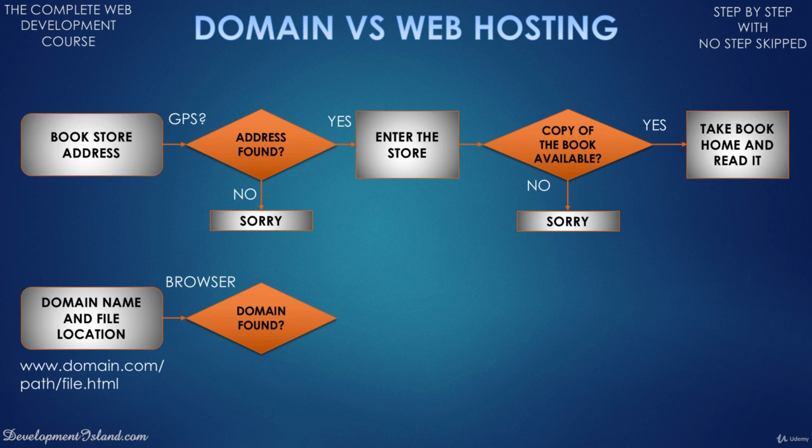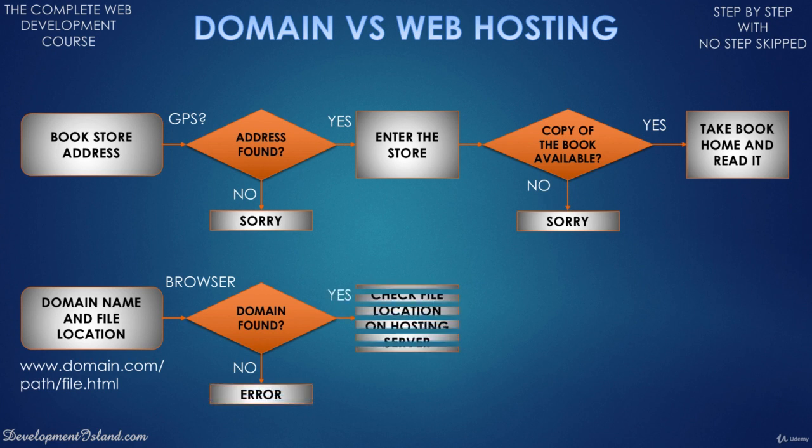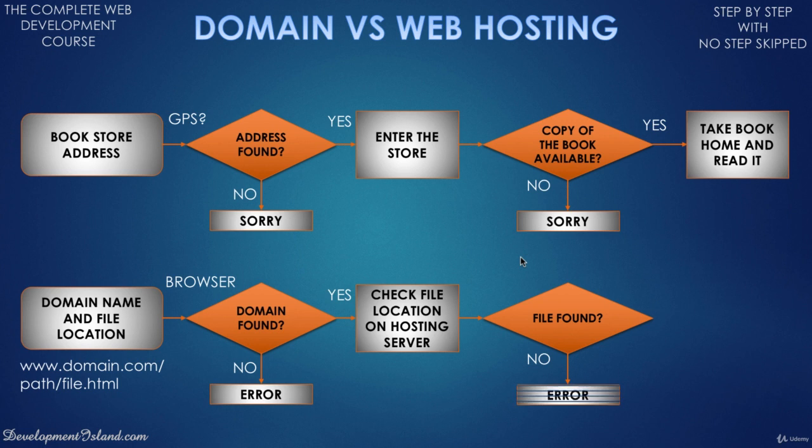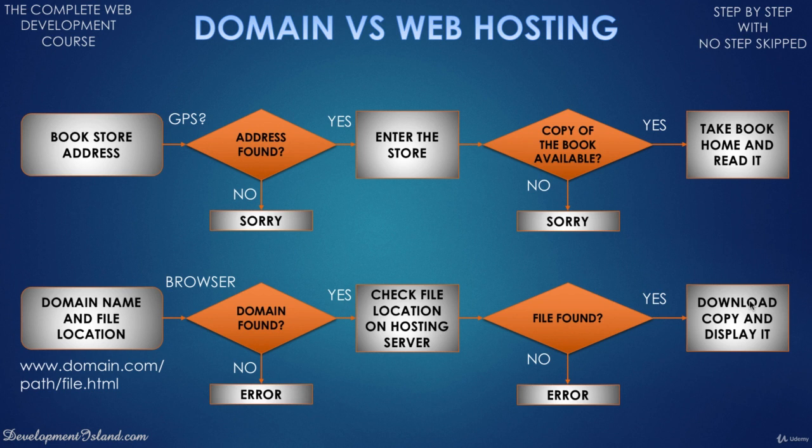If we find that address, then we move to the next step, which is to check the file location on the hosting server. We check if this path has got a file called file.html, as an example. If we find that file, then we download a copy of it and display it on our computer.